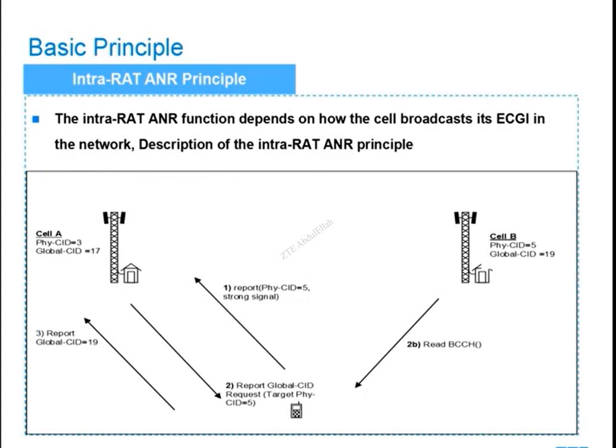In this procedure, the UE measures the intra-RAT neighbor cells in accordance with the measurement configuration delivered by the eNode B and sends an MR to the eNode B. For example, here the report shows the strongest signal has PCI 5.